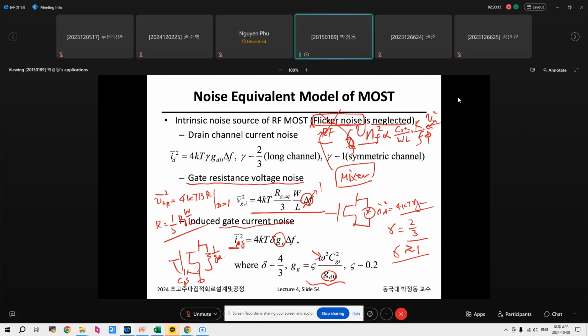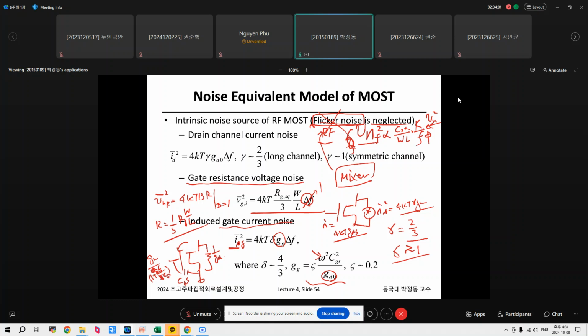If I refer this to the input, then this current is actually 4kT GDS divided by GM, as a function of C1 plus R CGS, and this is actually GM CGS.